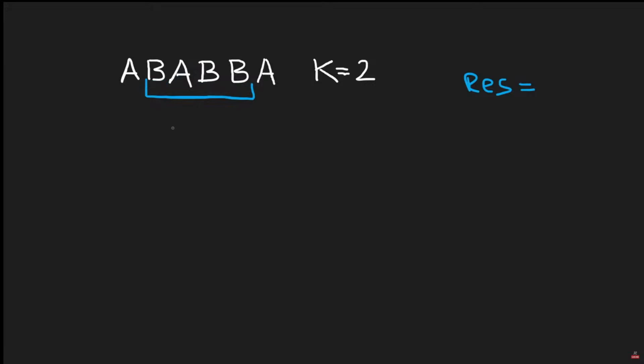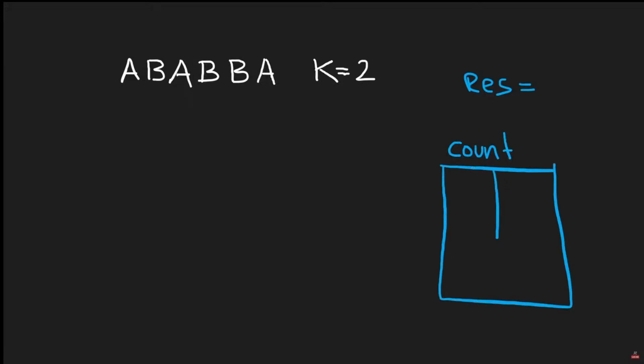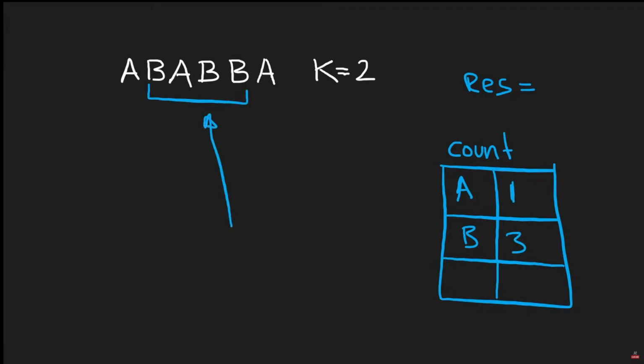So what we're going to do is have a hash map or an array, which is going to take every single character. In this case, we only have characters A and B, and we're going to count the number of occurrences of each character. For example, if we were looking at this substring, we see that there are 3 B's and a single A. So how do we know if this window is valid?